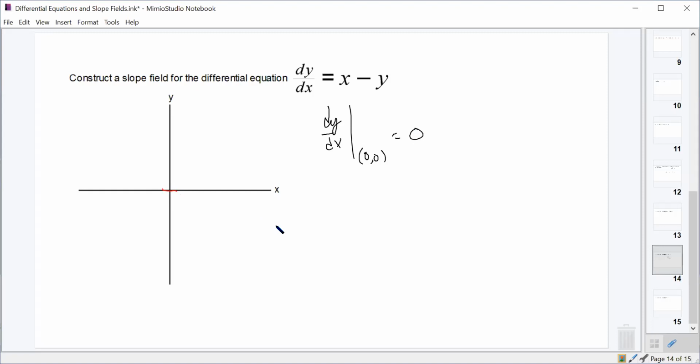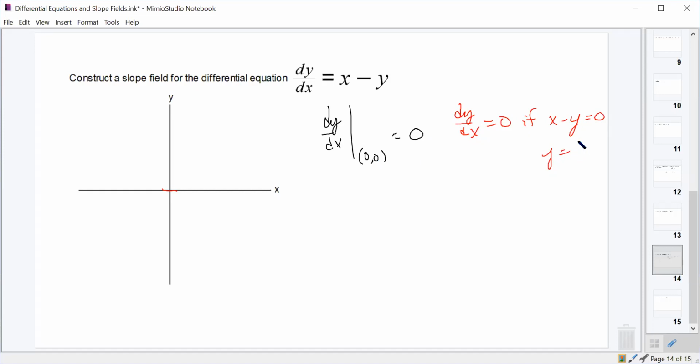Now, when else would dy/dx equal 0? What would have to be true? X and y are both equal. Right, x and y would have to be equal to each other, because x minus y would give me 0 if they were equal to each other. So we could say dy/dx equals 0 if x minus y equals 0, or if y equals x.